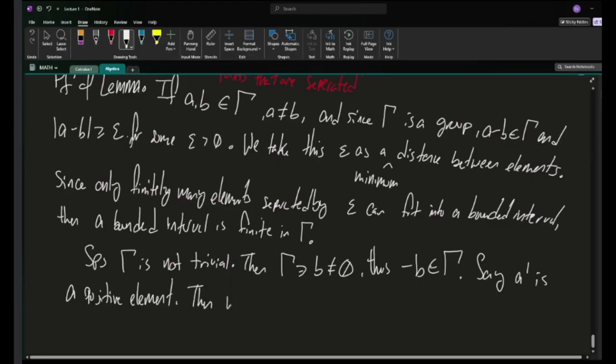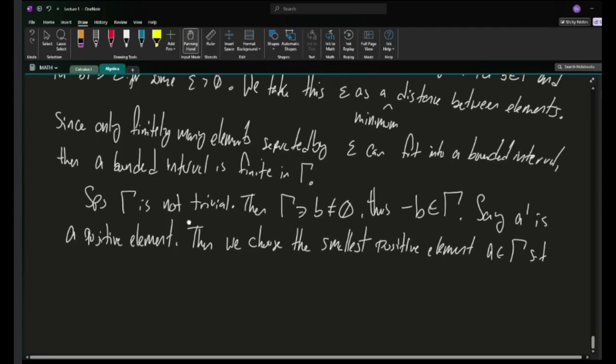Then we choose the smallest positive element a in gamma such that we now have a bound.